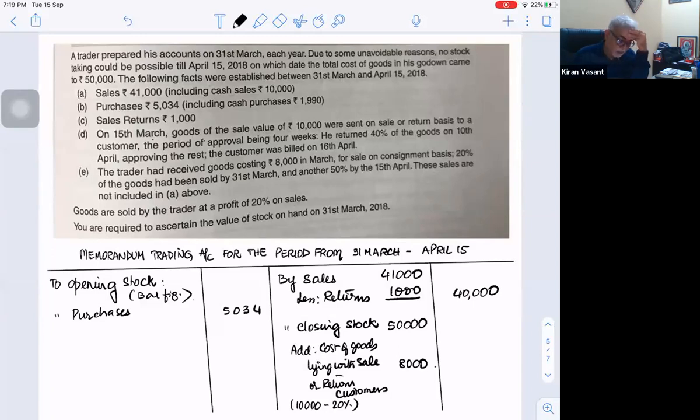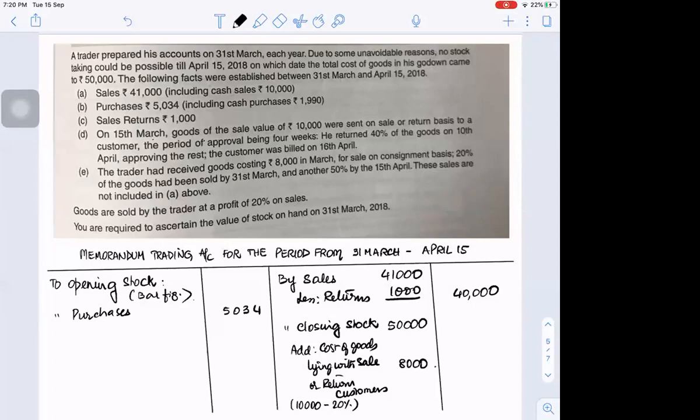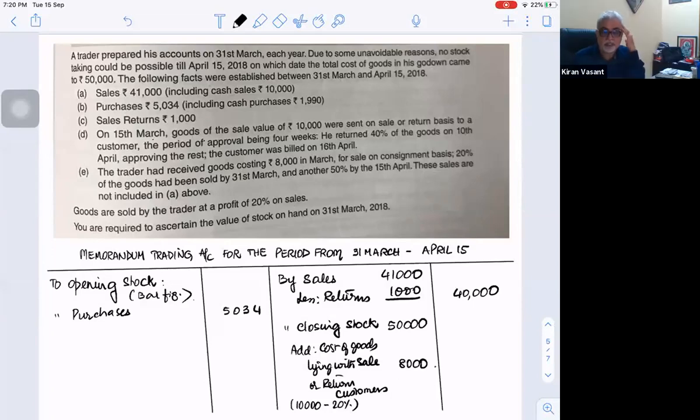Next point. Point number E. The trader had received goods costing 8,000 for sale on consignment basis. So who is the trader now? The consignee. He is consigning. Do the goods belong to him? No. He cannot include these goods as belonging to him. But while valuing these goods, we include these goods also.